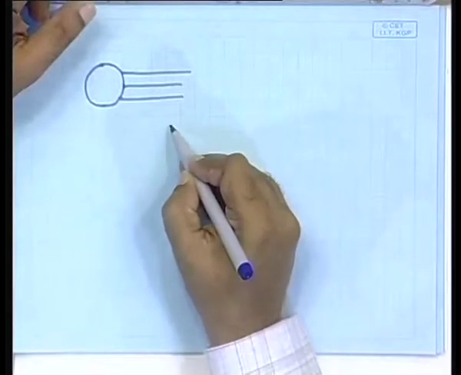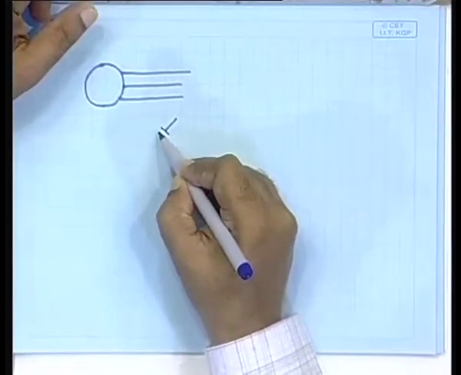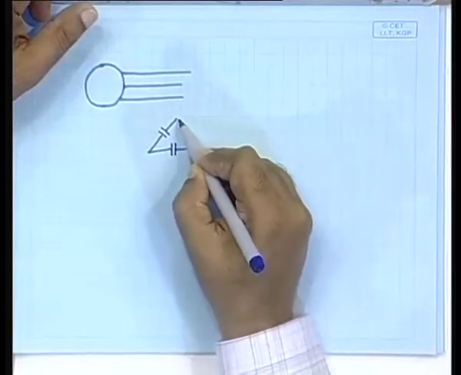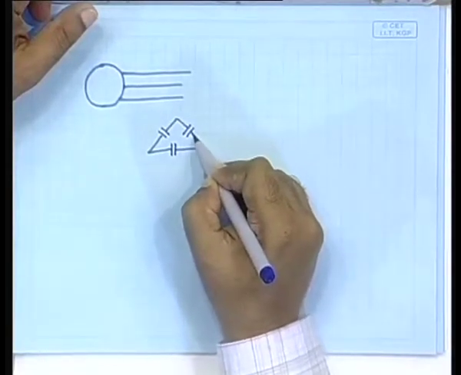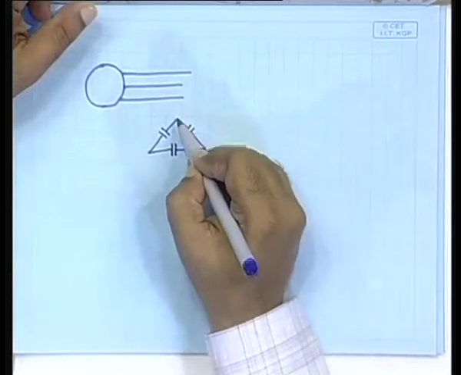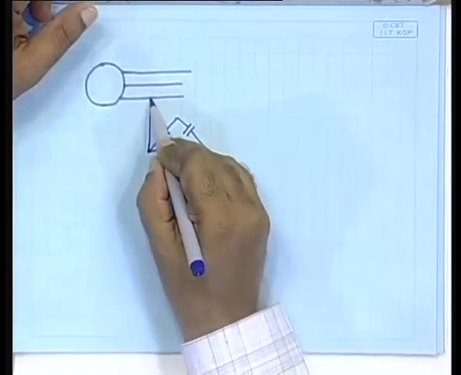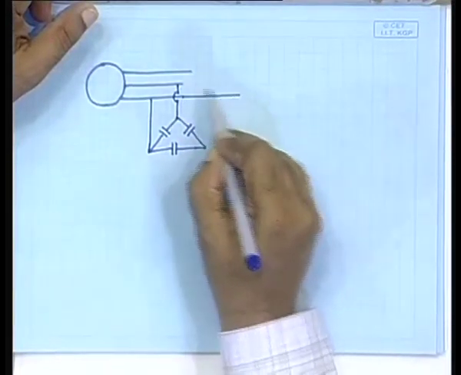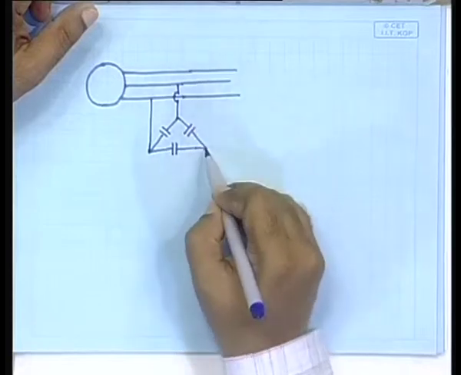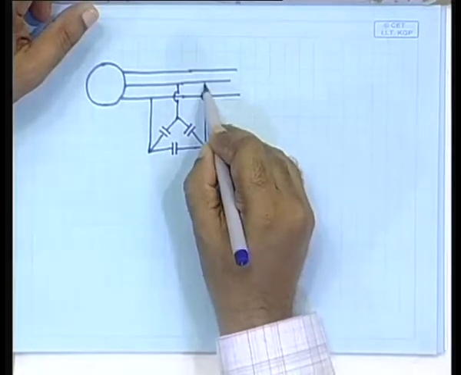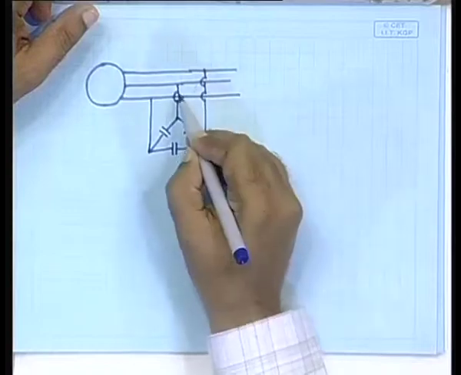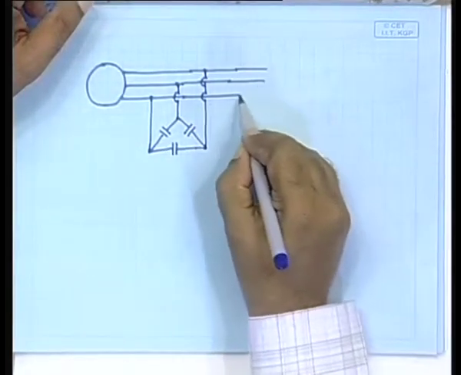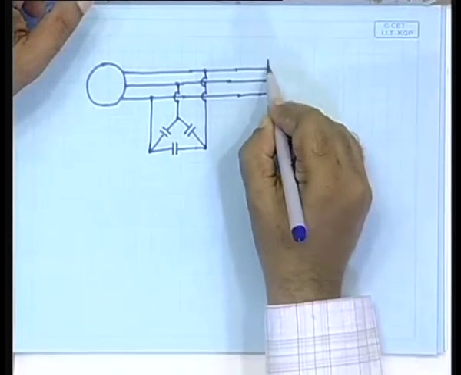So, this can be a delta connected capacitor bank like so, which will then be connected to the line. And these lines will be connected to some kind of a load.